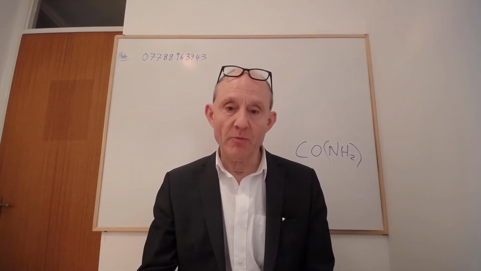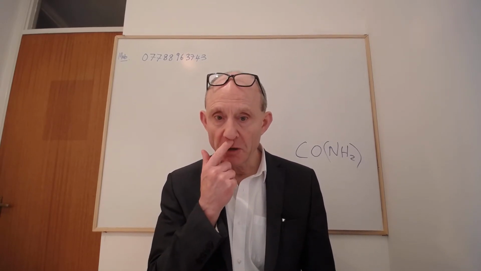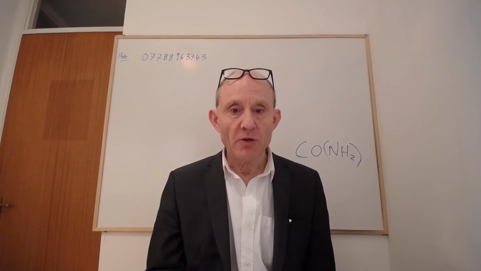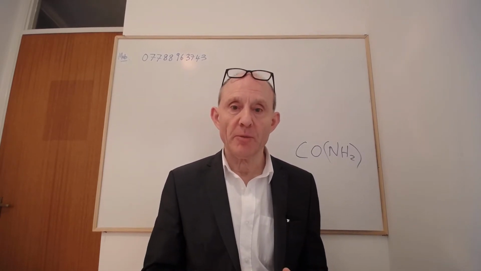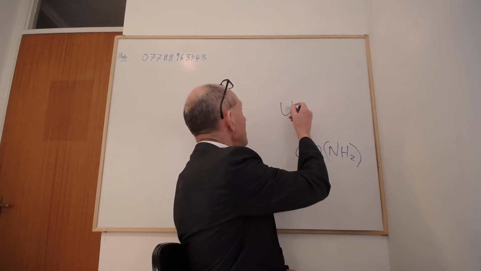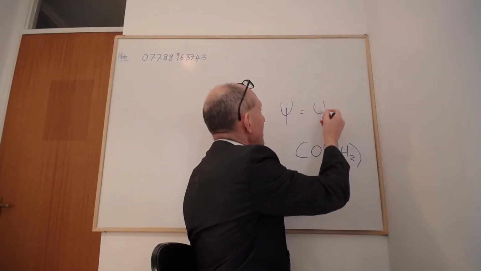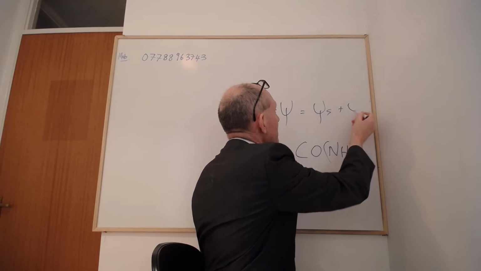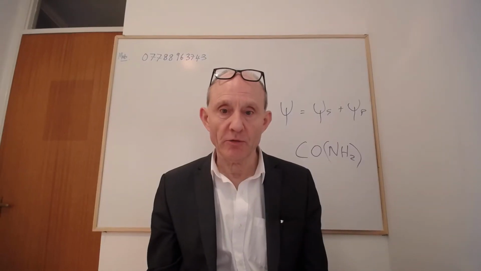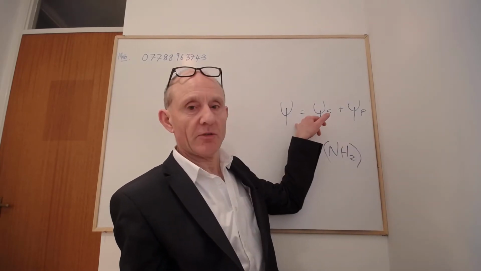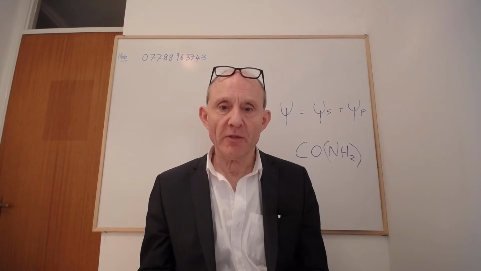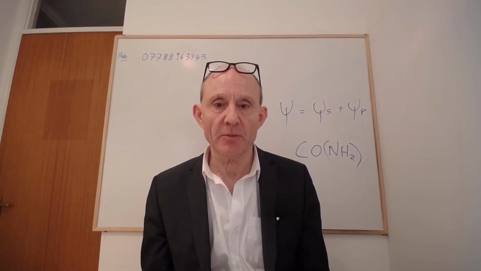Now, when you're considering how you would calculate the water potential on either side of the filter, you can use the equation that you remember from AS. The water potential is equal to the solute potential plus the pressure potential. So if we're considering the water potential of the blood on one side of the filter, that's a combination of the solute potential and the pressure potential.